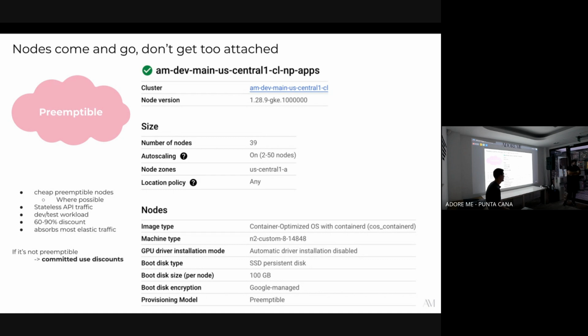And for these VMs that are predictably running on regular instances, we try to use as much as possible committed use discounts for a year, 2 years, 3 years, depending on our capacity predictions.